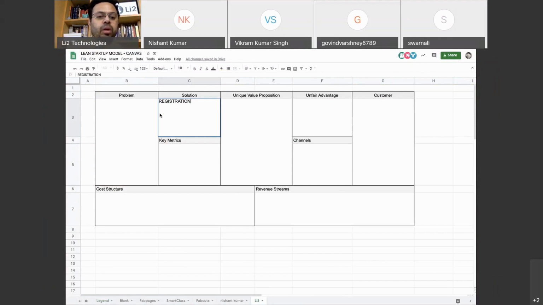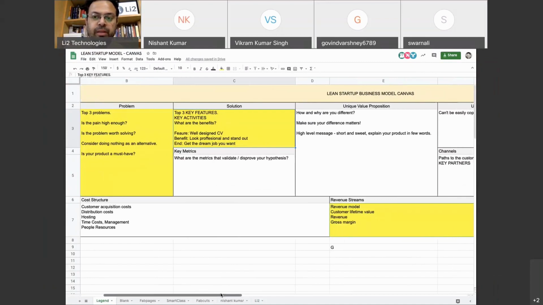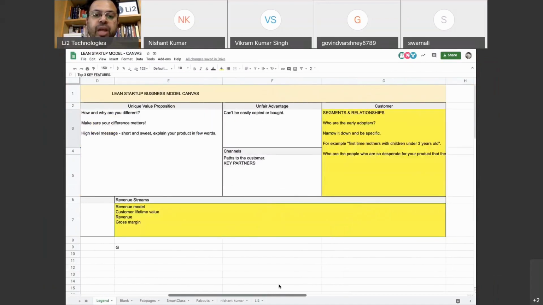Now if you go back to the legend part of it here, what I am looking at is also key partners, right? If you go to the right of the screen, here we have channels. In the channels, we have how we reach out to the customers and who the key partners are who will enable us to reach out to customers.